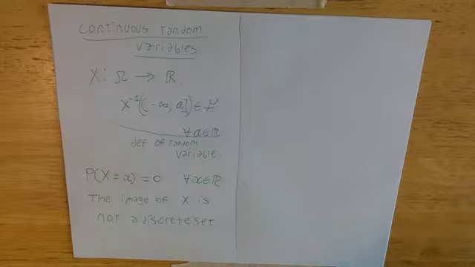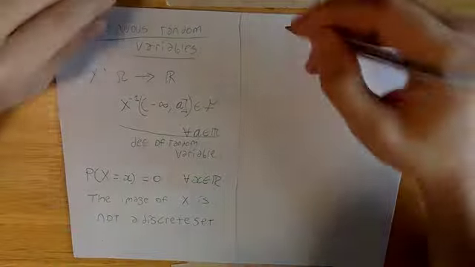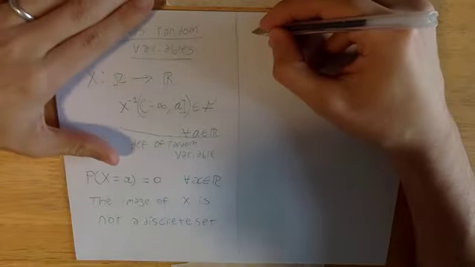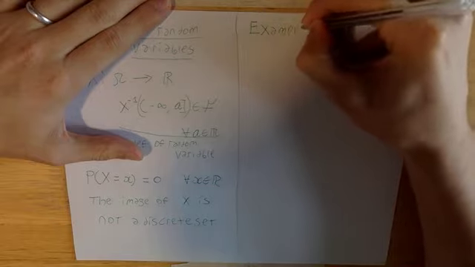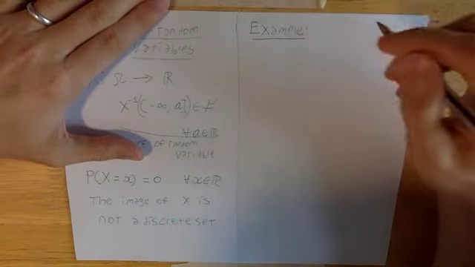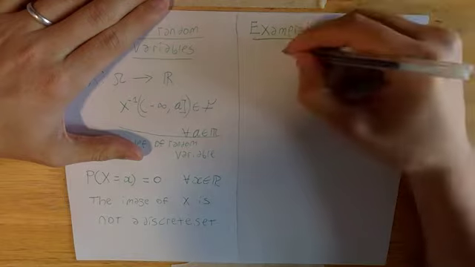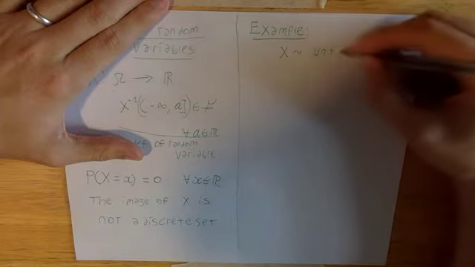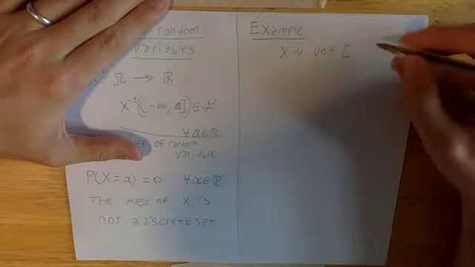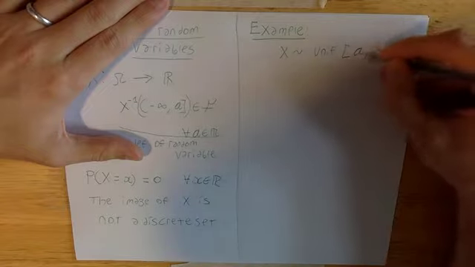Okay, so what are the examples of this? And then we'll give a definition. So the example of this would be, for instance, X is uniformly distributed in an interval AB.